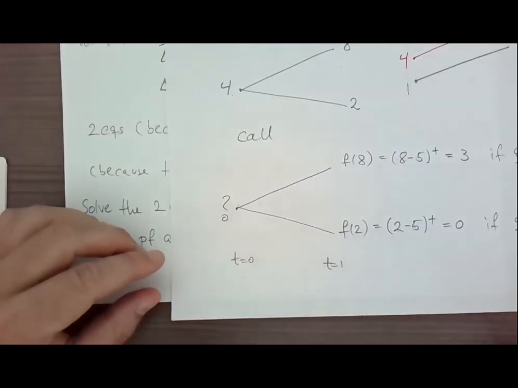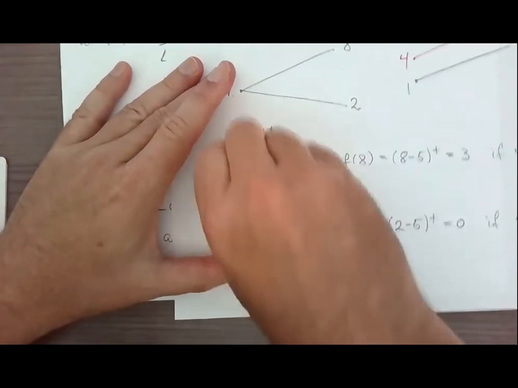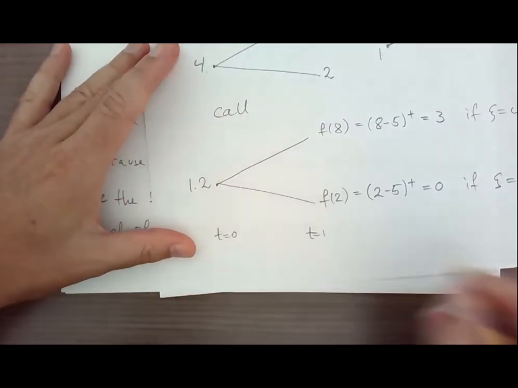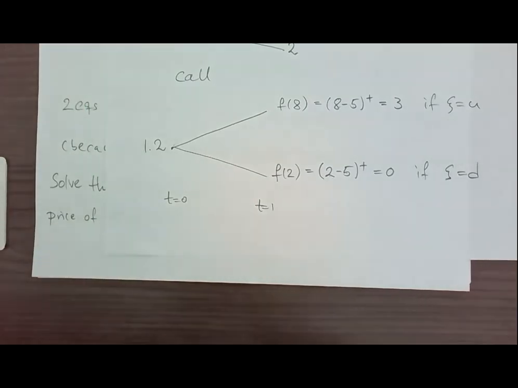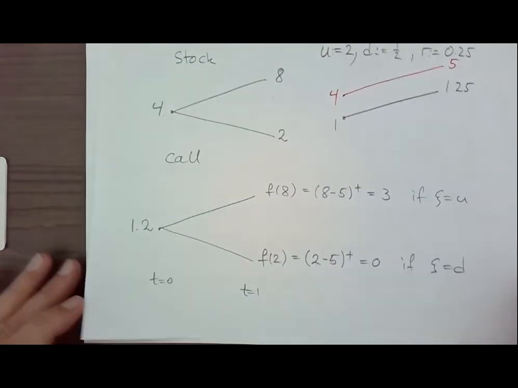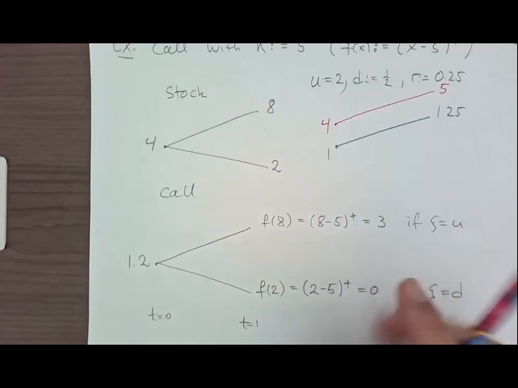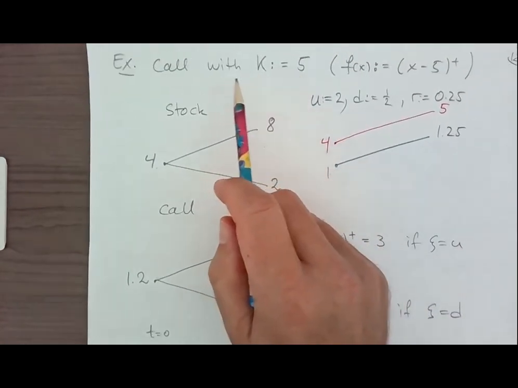I can now eliminate this question mark out here and put 1.2. This was the answer we were looking for. What is the price of a call option with strike 5?